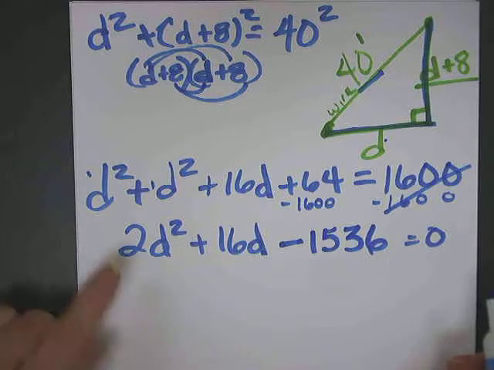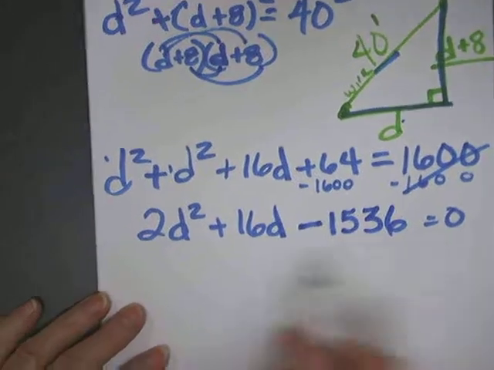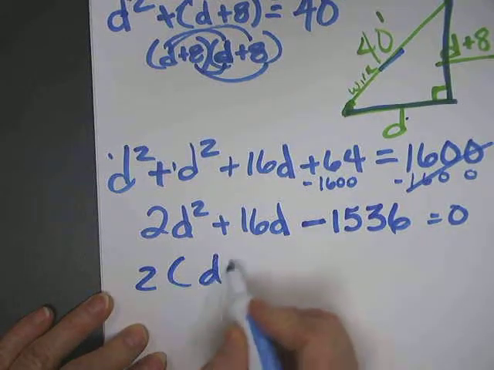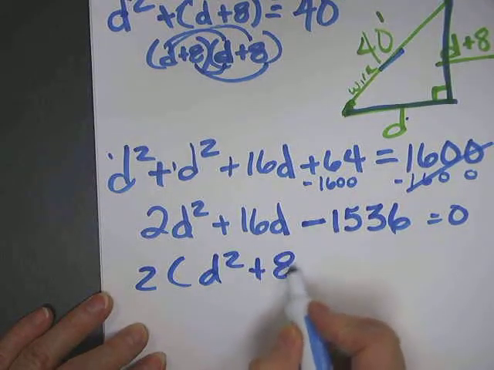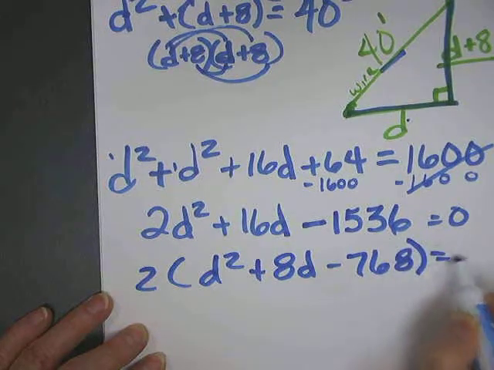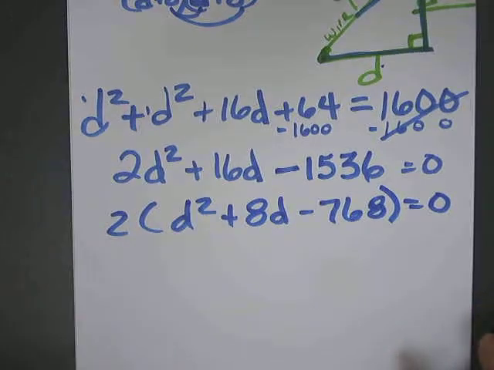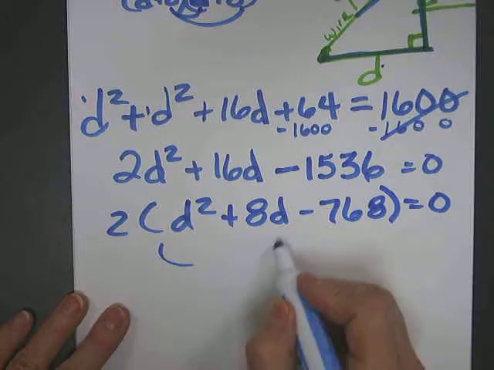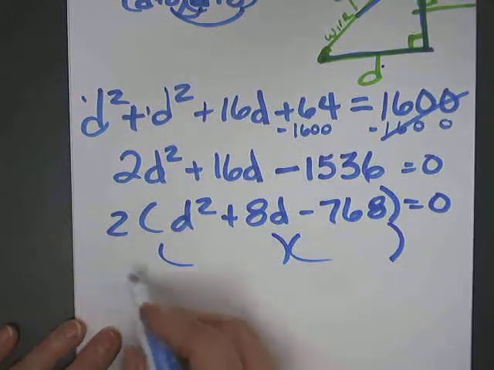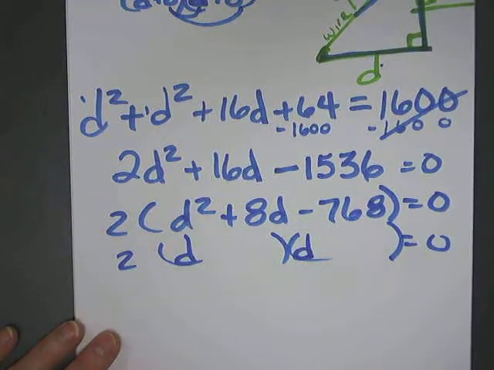d squared plus 8d plus 8d, plus 16d, and then 8 times 8, 64. 40 squared, 1,600. One and one of these is 2d squared plus 16d.